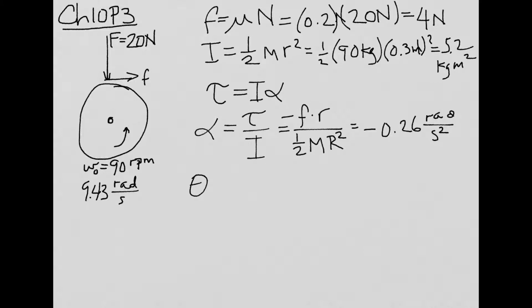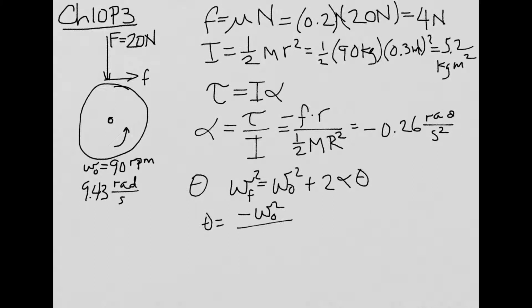angular velocity. So we can use the third kinematics equation in which to find angle theta. So theta equals the final velocity squared, which is 0, minus the initial velocity squared over 2 alpha.